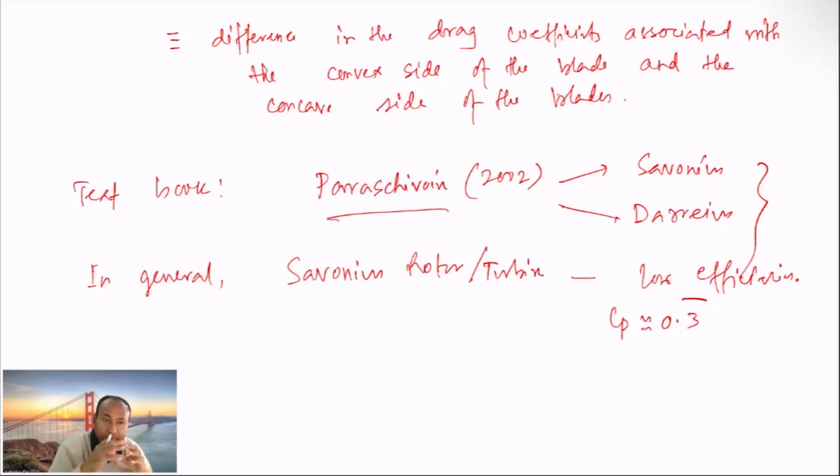I would like to stop here and say that we have done quite a bit of theoretical or analytical analysis of how to design the blades of a horizontal axis wind turbine, followed by this discussion on vertical axis wind turbines. Everything we have discussed so far is based on the aerodynamics of horizontal or vertical axis wind turbines.